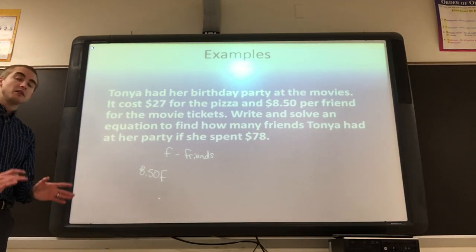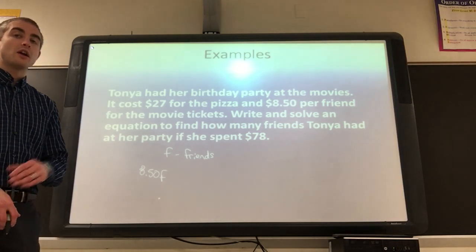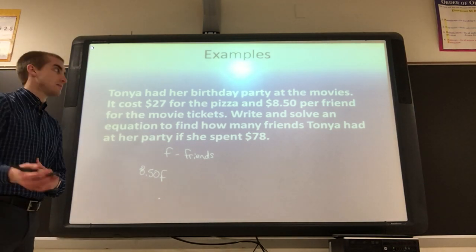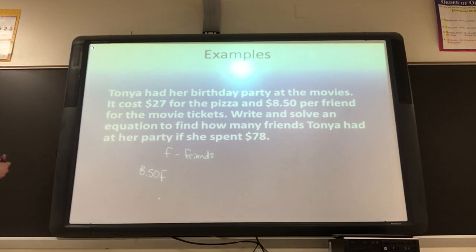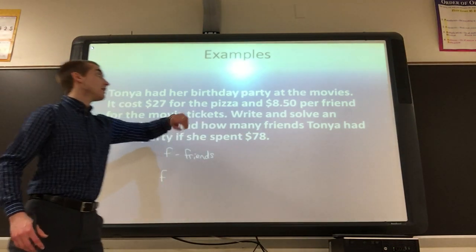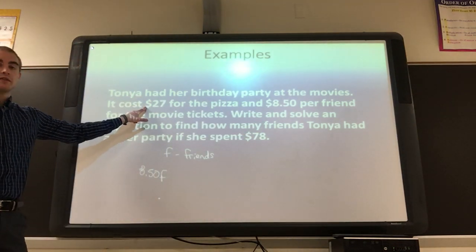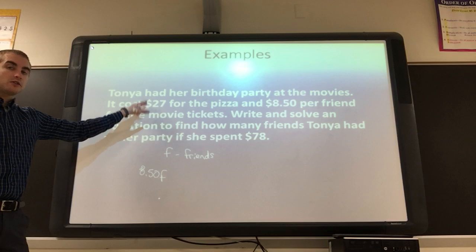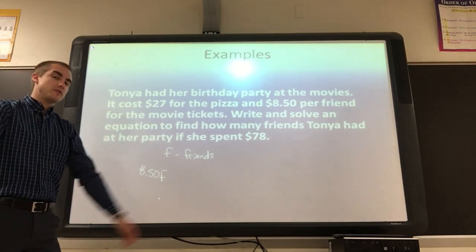Then, before we put the equal sign, we've got to figure out what I am adding or subtracting. We're thinking about the money that is spent. It's $8.50 per movie ticket, and it's also $27 for pizza. And it's just a one-time $27 fee.